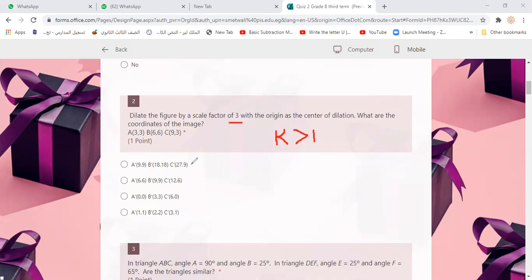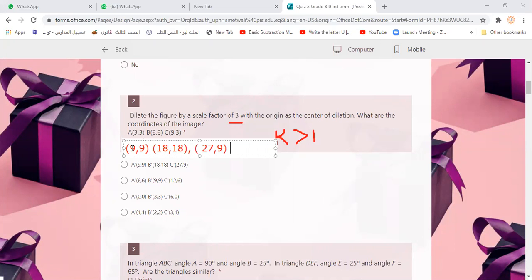So the points will be 9 and 9, then 18 and 18, and the third one will be 27 and 9.